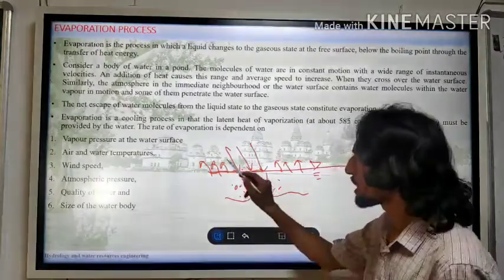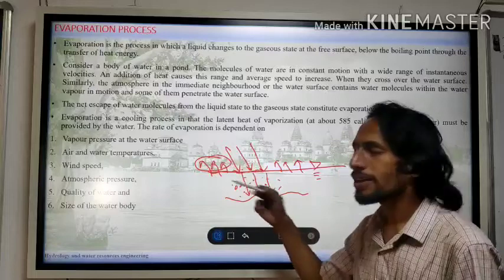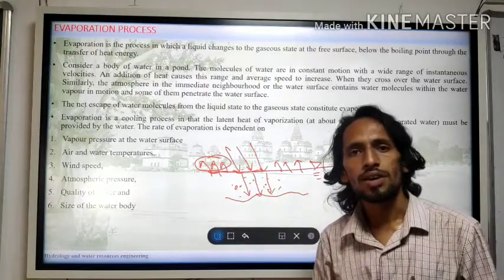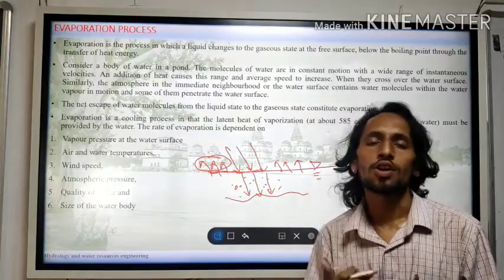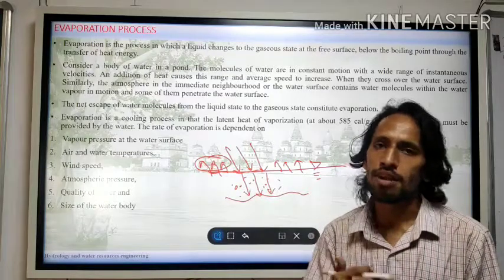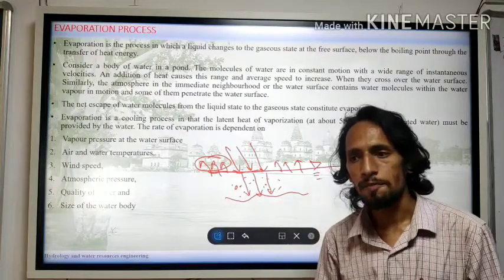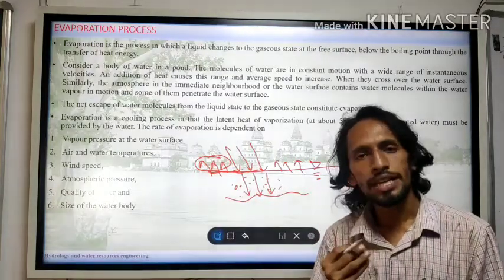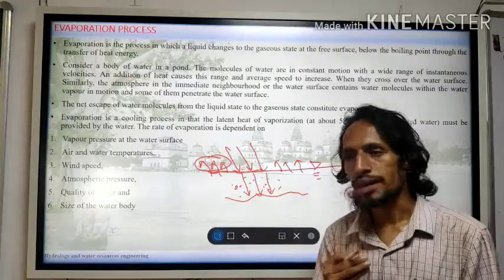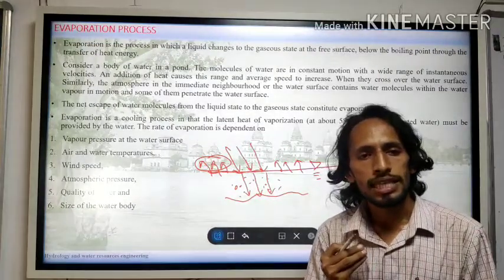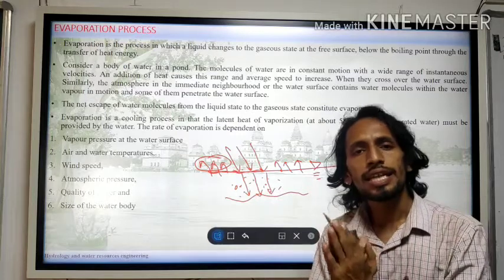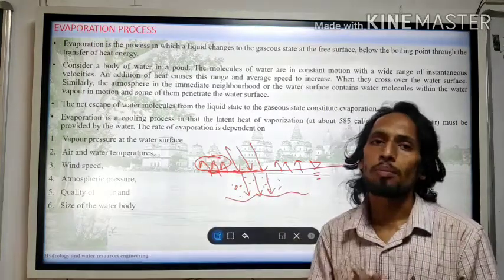This water leaving the reservoir is called the evaporation process. Now it is very important to observe that it is totally different from boiling.